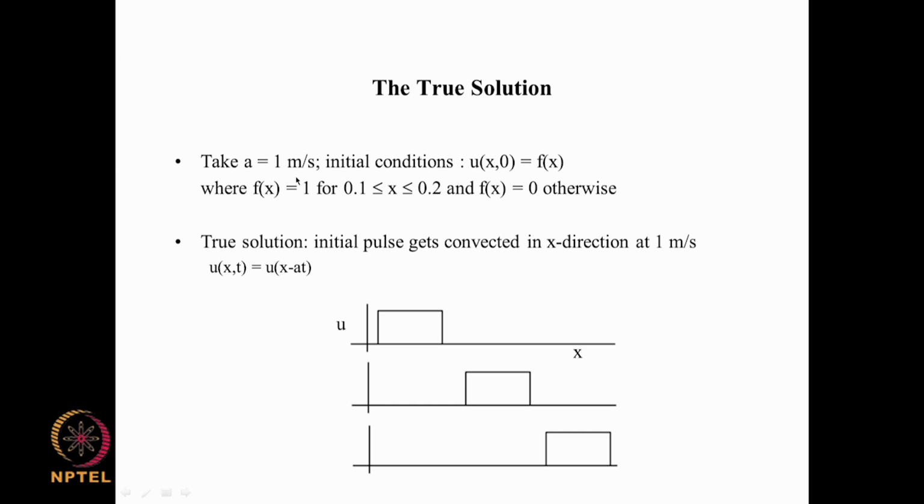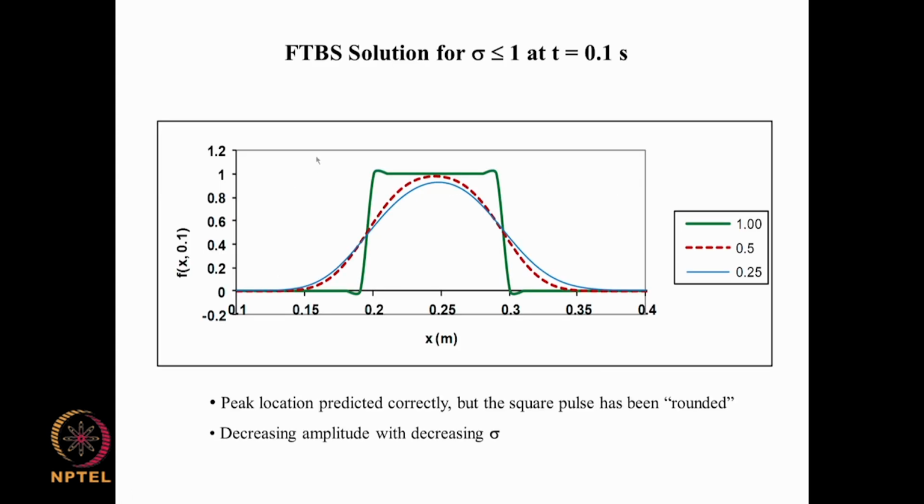Then we compared the solution at a fixed time of 0.1 second using different schemes like FTBS, FTFS and FTCS, and using different values of Courant number. So, for a given Δx we simply varied the Δt, and we were expecting certain trends to be reflected in the solution.